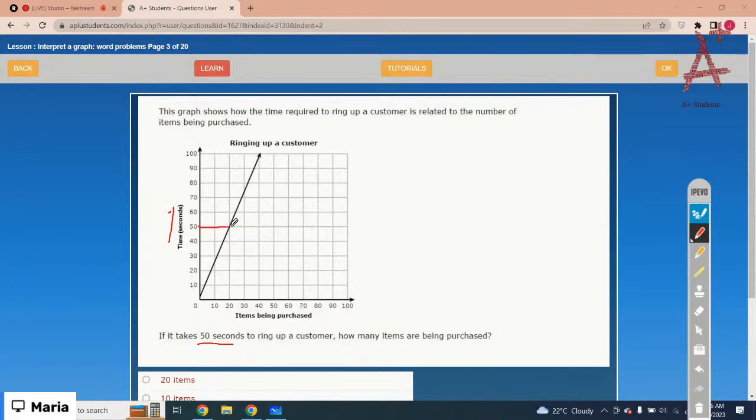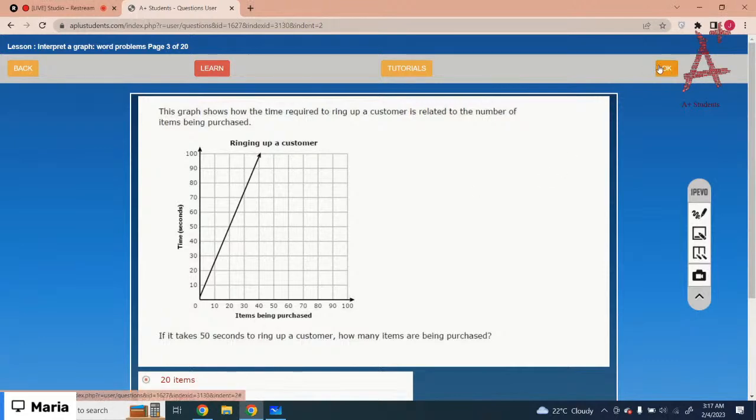So just match the 50 to the graph and then match it to the x-axis. That means if it takes 50 seconds to ring up a customer, a total of 20 items are purchased. Got it? So the correct option is 20.